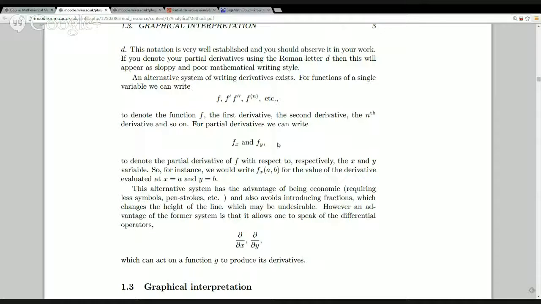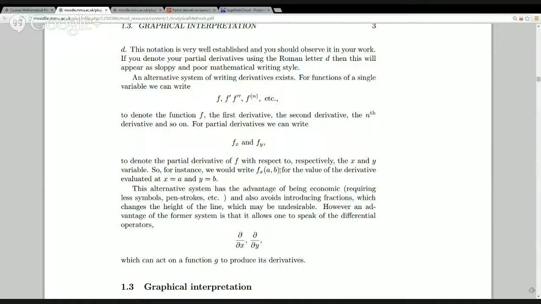There are advantages and disadvantages to using each. The advantage of this subscript notation is it's quicker to write. You just need the function name and a quick subscript indicating the variable that you've taken the derivative with respect to. So it's less work, and it's easier to write evaluation.